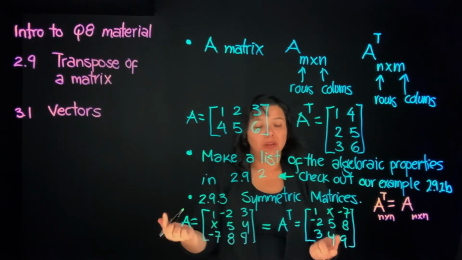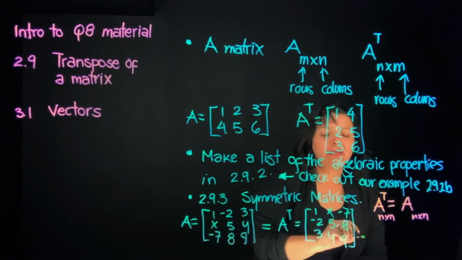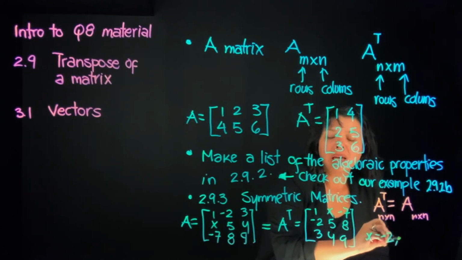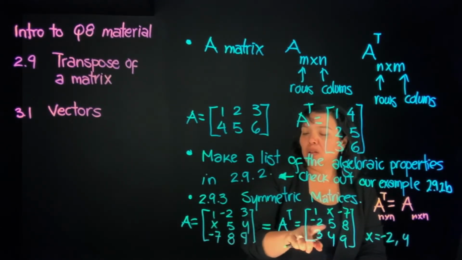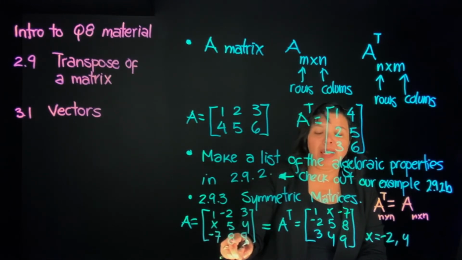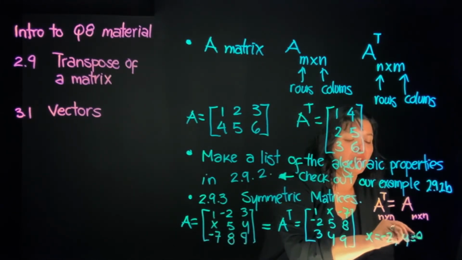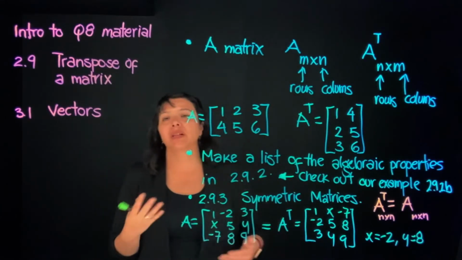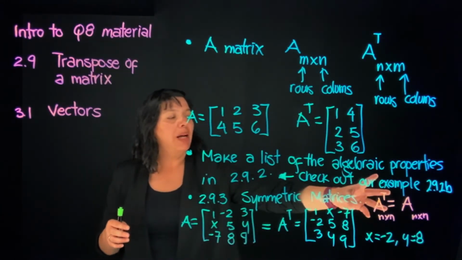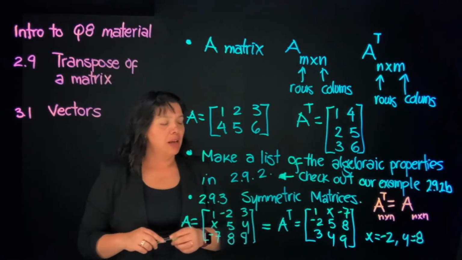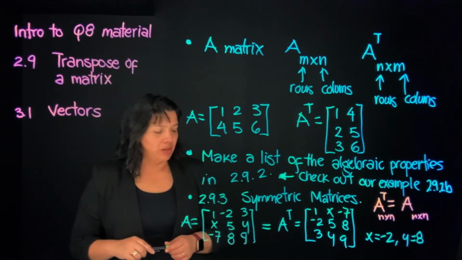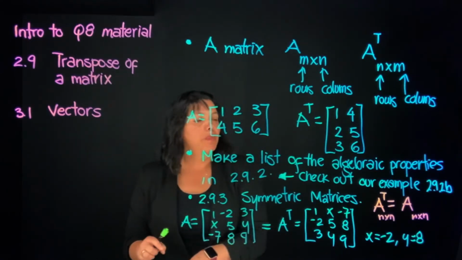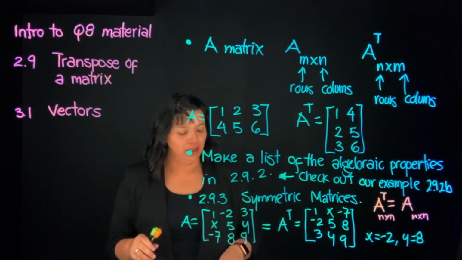Then you set them equal to each other, and that tells you that, for example, x has to be equal to -2, and y should be 8. These are the type of problems that you should feel comfortable solving by using the definition of a symmetric matrix. You have more problems to practice, but this is a good beginning.